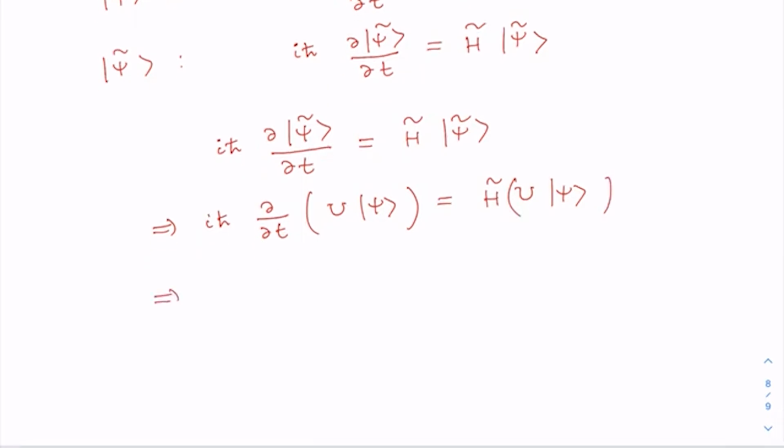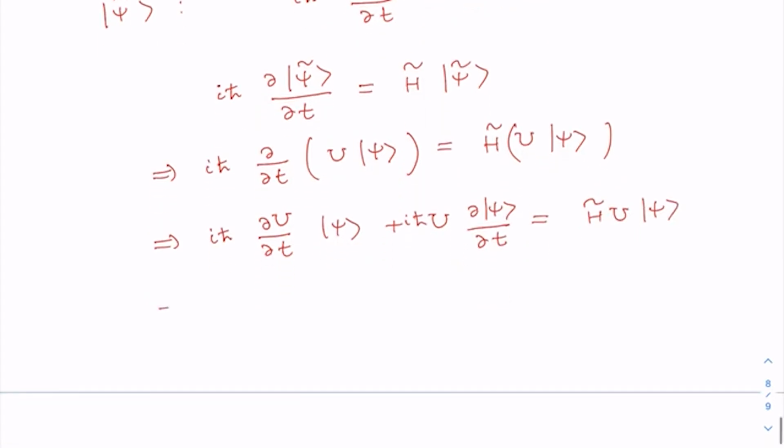If I open up the left hand side of the equation, I have iħ ∂U/∂t ψ plus U iħ ∂ψ/∂t is equal to H tilde Uψ, which I can again write as iħ ∂U/∂t.